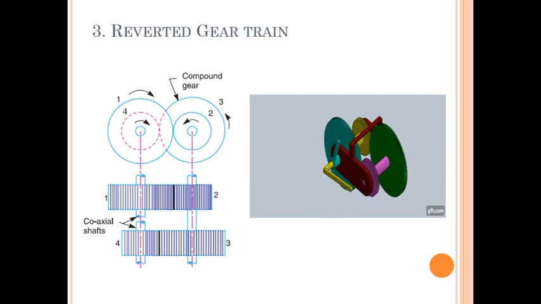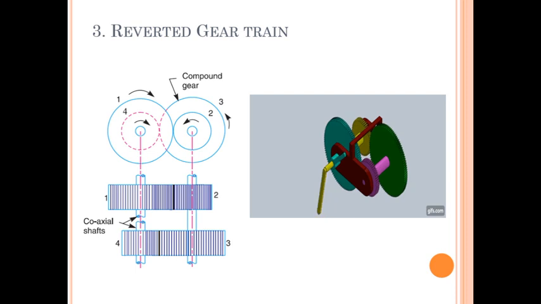Now, the reverted gear train, you can observe in this diagram. The first gear is in mesh with the second gear. The second gear and third gear are mounted on the same shaft.